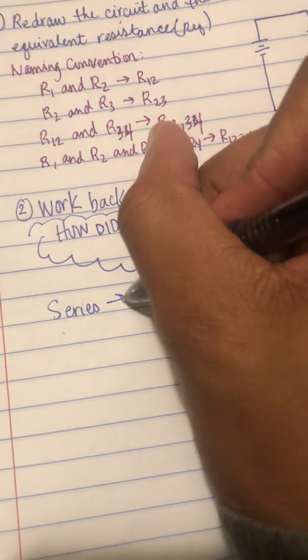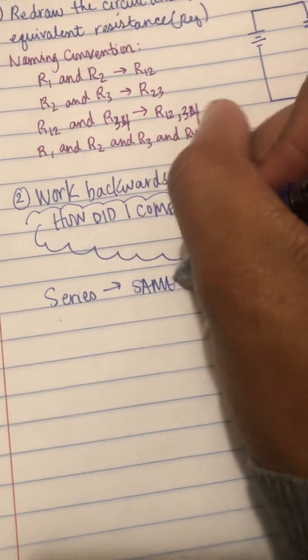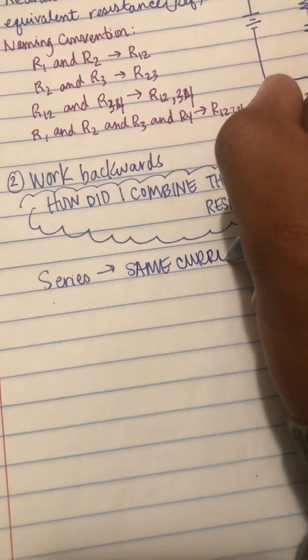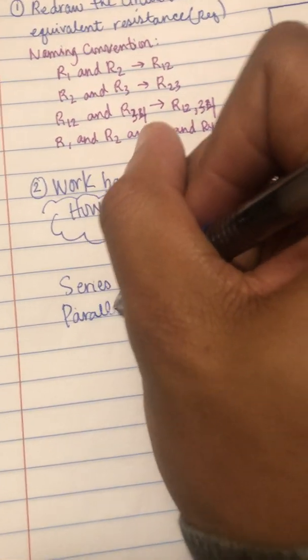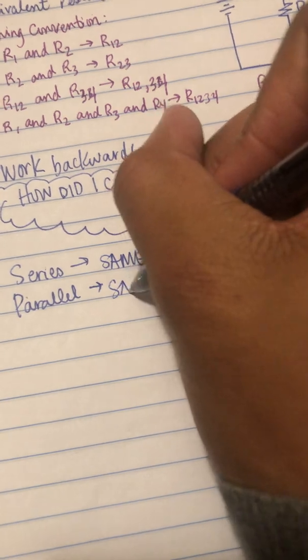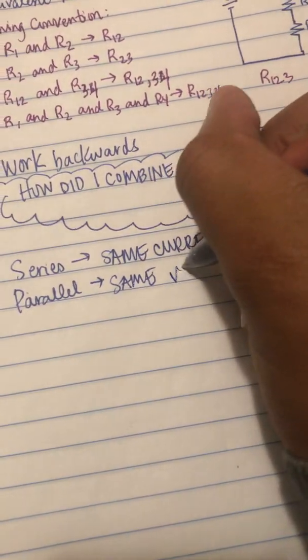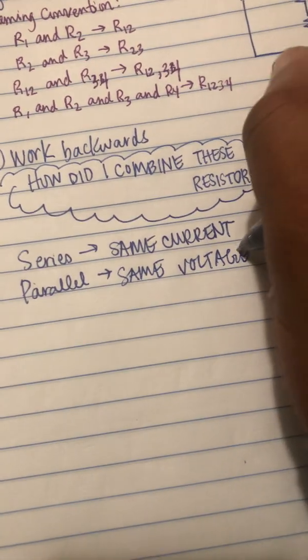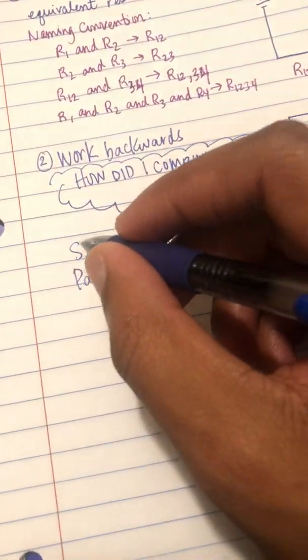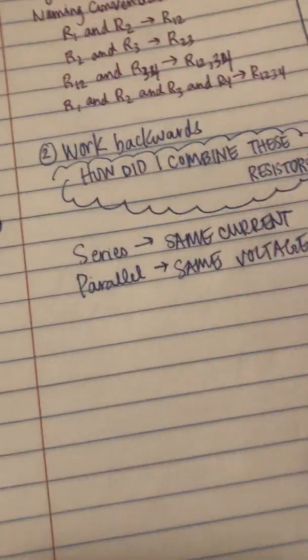If I combined them in series, remember, series is same current. If I combined them in parallel, same voltage. And then, really quickly, remember, in series, when we add resistors, it's just R1 plus R2 plus R3 plus R4. But in parallel, when we add resistors, we don't do that.